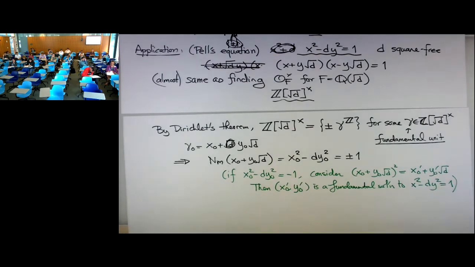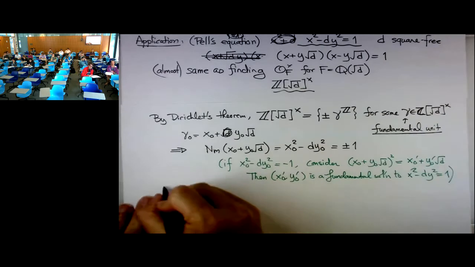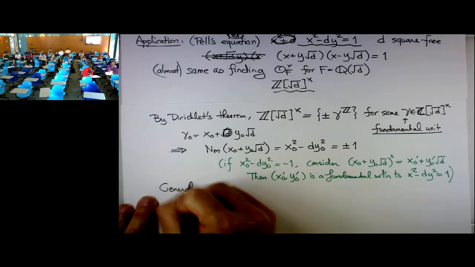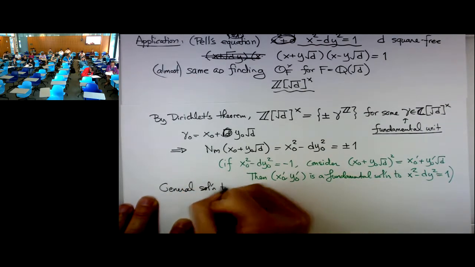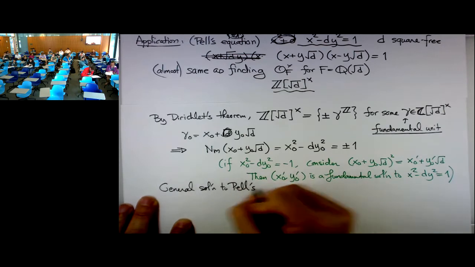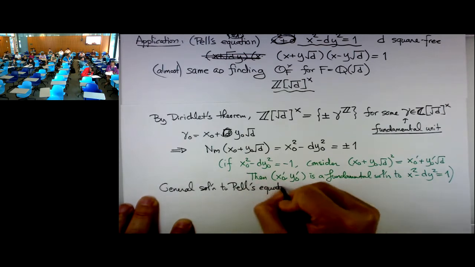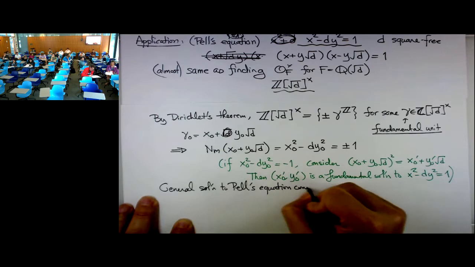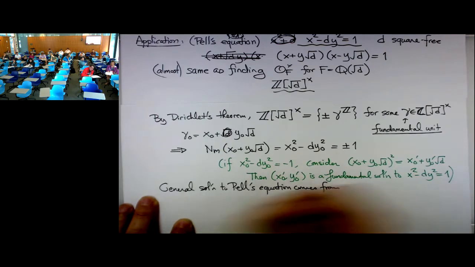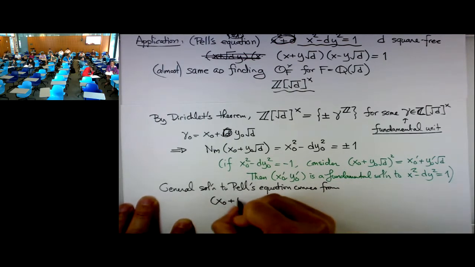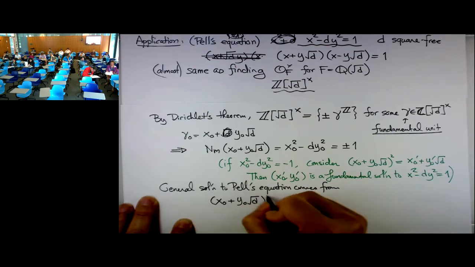Basically, if you have something which solves the negative 1 Pell equation, just square the solution, and you can definitely solve the Pell equation. So the general solution to the Pell equation comes from the fundamental solution raised to the r-th power.